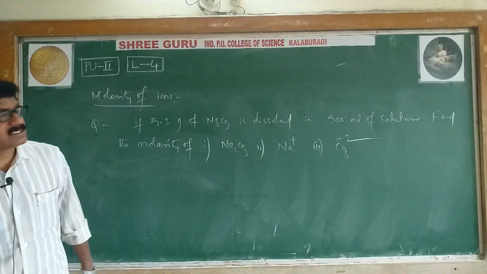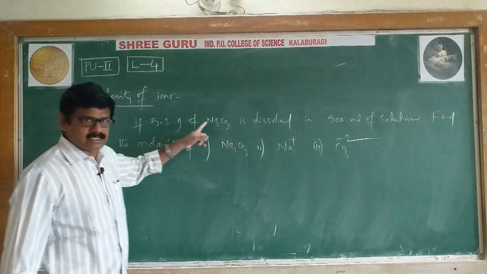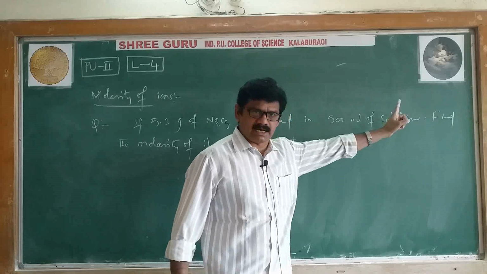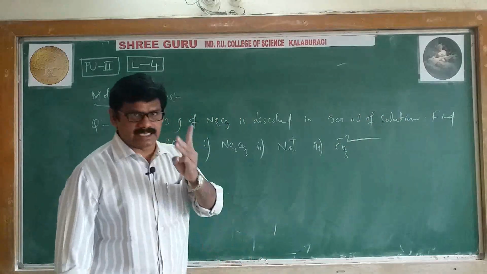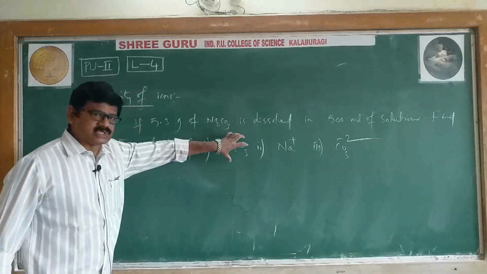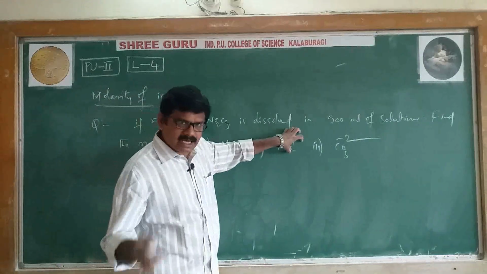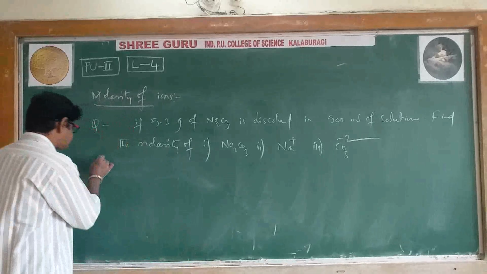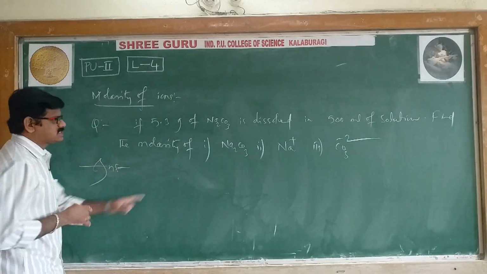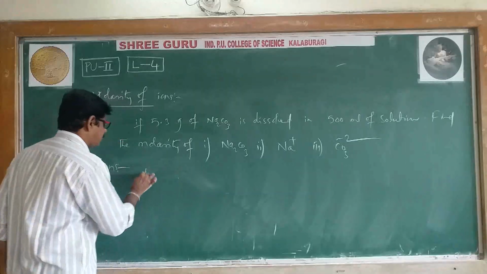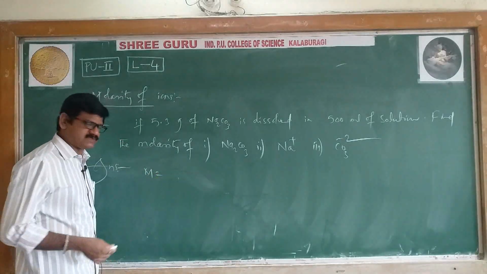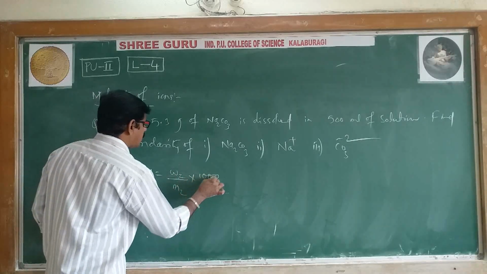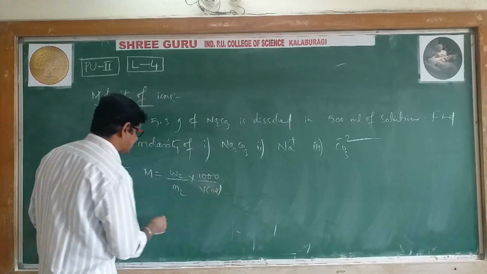We'll understand first what is given. 5.3 grams of solute, sodium carbonate, is dissolved in 500 milliliters of solution, and here 3 questions are asked. One is sodium carbonate molarity, sodium ions molarity, carbonate ions molarity, right? Now as usual, we'll first find the sodium carbonate molarity. We have to write its formula: mass of solute by molar mass of solute into 1000 by volume in milliliters.